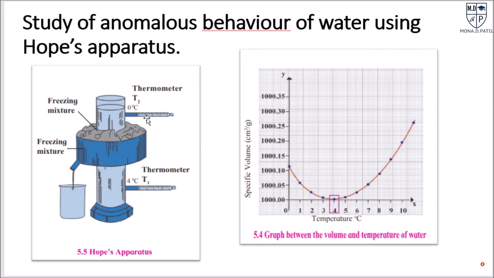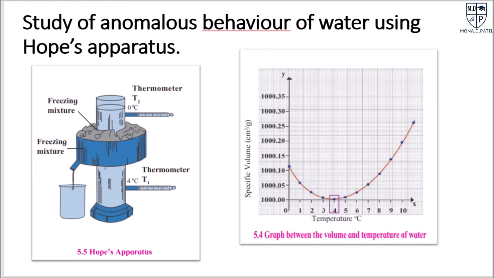Here in the graph, the temperature first decreases to 4 degrees Celsius in the T1 thermometer and then it starts to increase. This is the graph between volume and temperature of water.